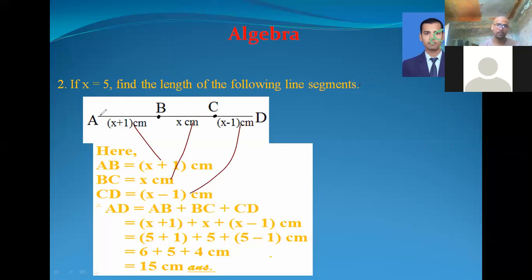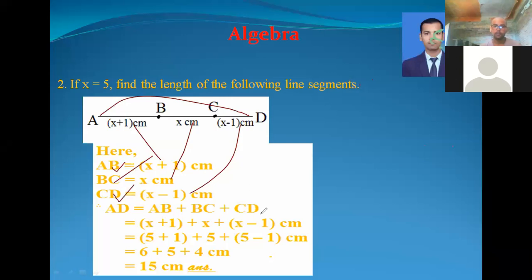To find the length of A to D, we have to add the lengths of AB, similarly BC and CD. That's why we add here AD. Therefore, AD is equal to AB, similarly BC, similarly CD.